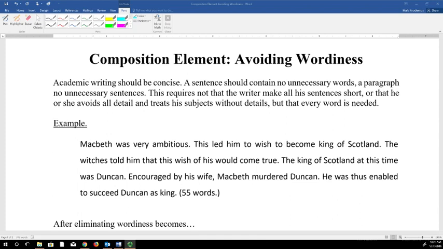So we have to take a look at what we're doing and make sure that we have a tight focus and we're not overflowing. So there are some different paragraphs here.